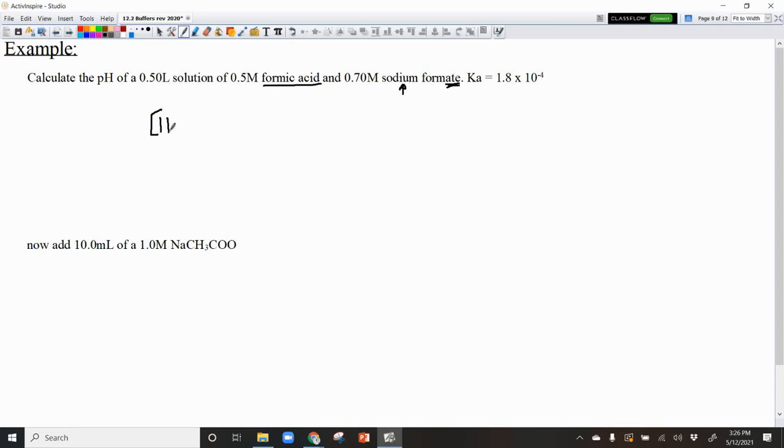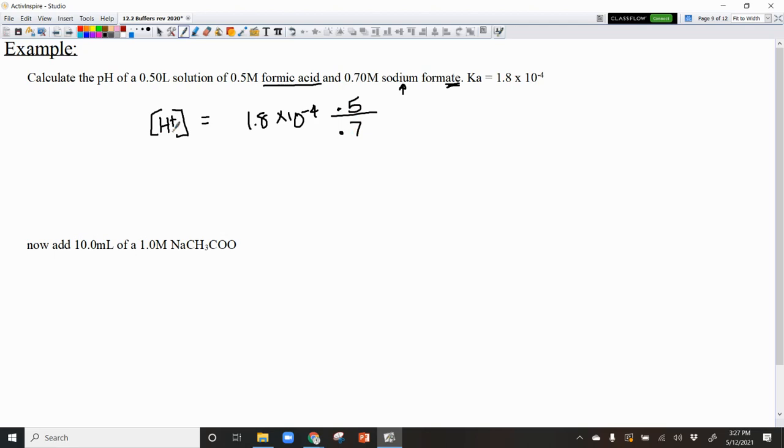So to get the hydrogen ion concentration, we are going to take the Ka and multiply it by the acid to base ratio, and that's going to give us the hydrogen ion to get the pH.